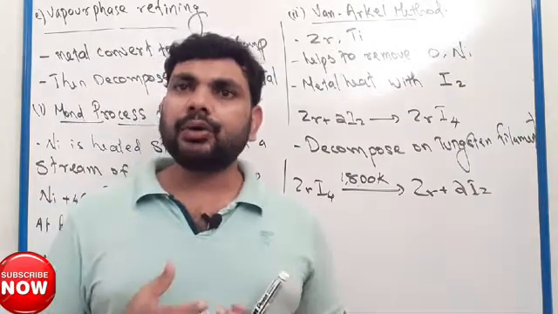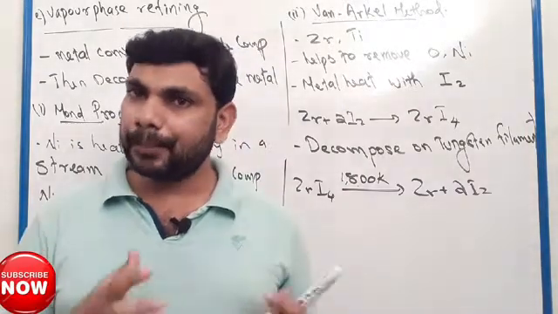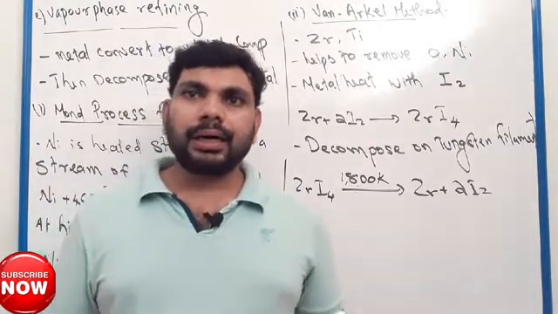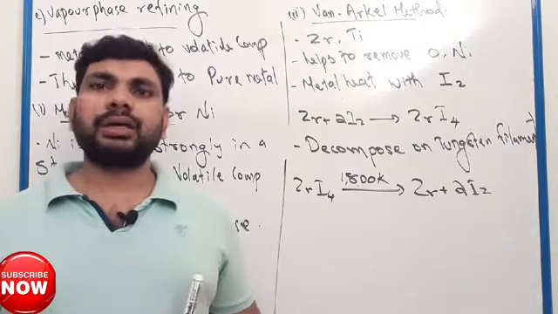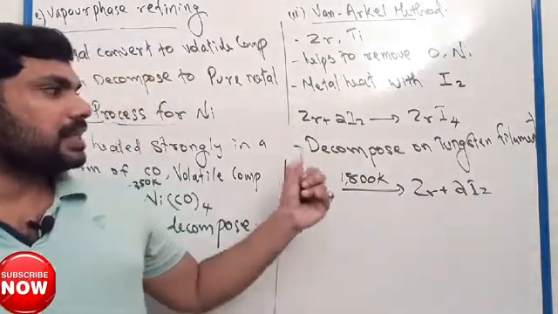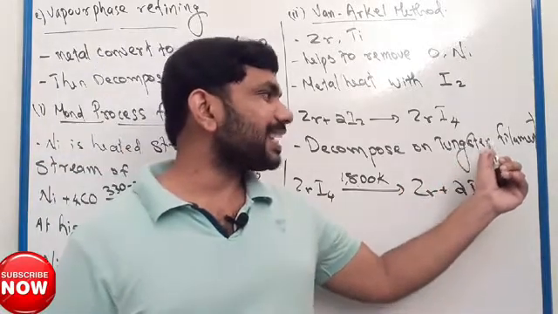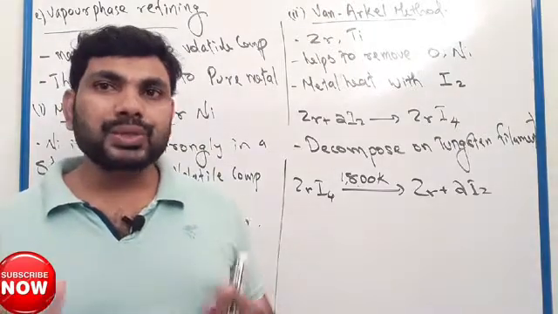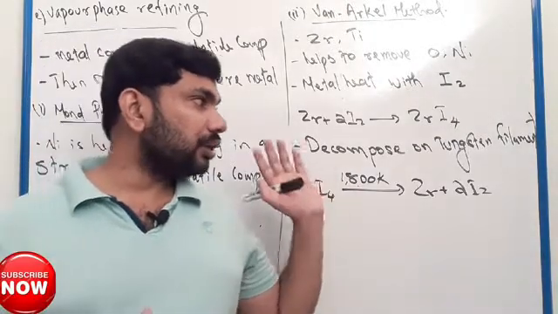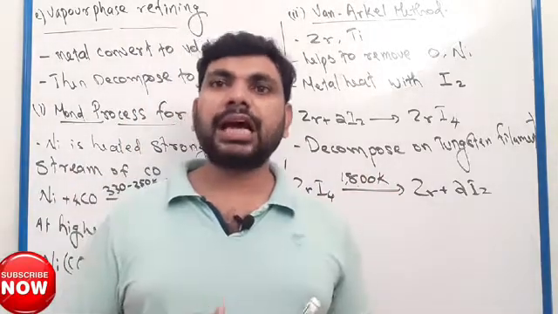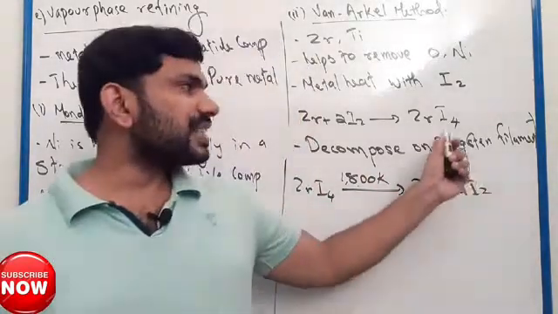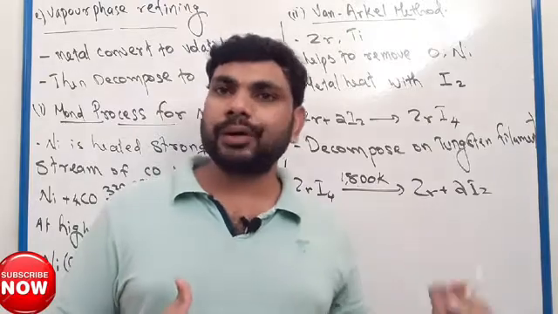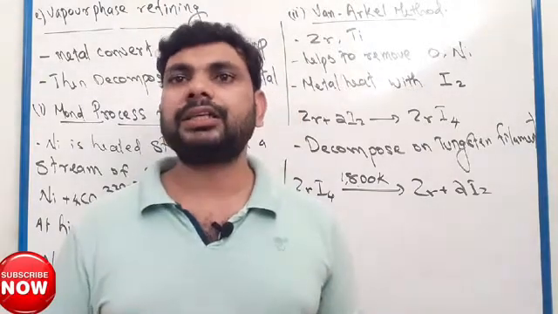This metal iodide is decomposed to pure zirconium or pure titanium and iodine at very high temperature. This decomposition takes place in the presence of a tungsten filament. We pass electricity through the tungsten filament, and this metal iodide is decomposed to pure metal and iodine.